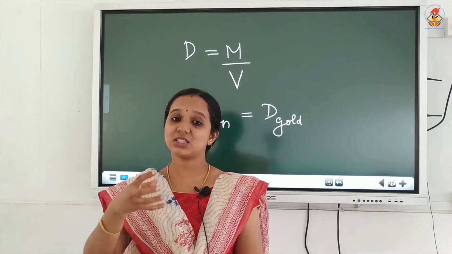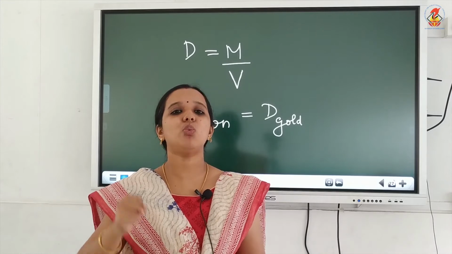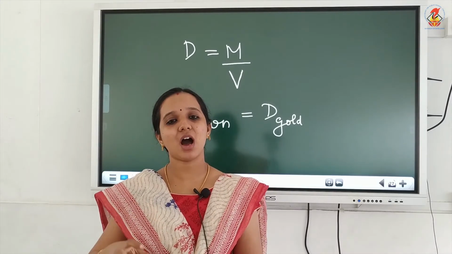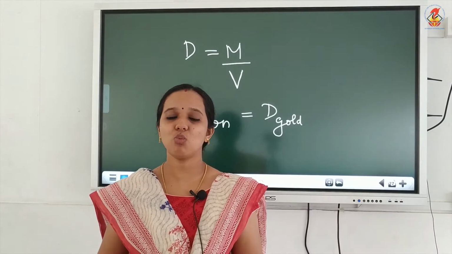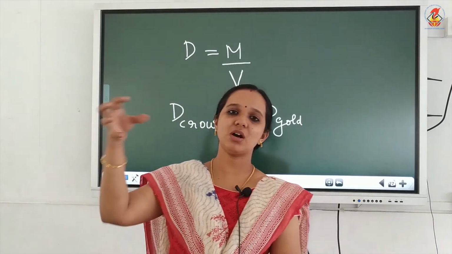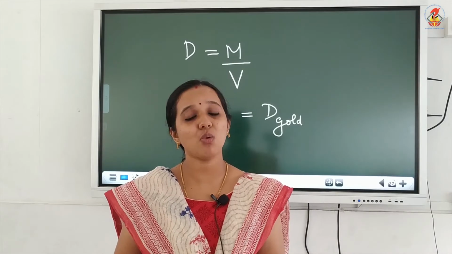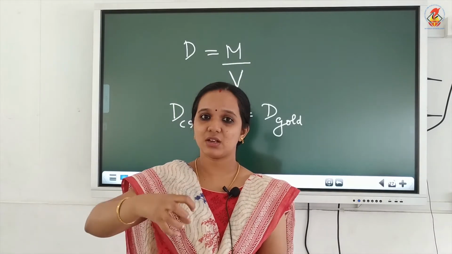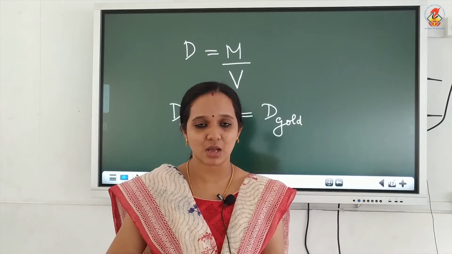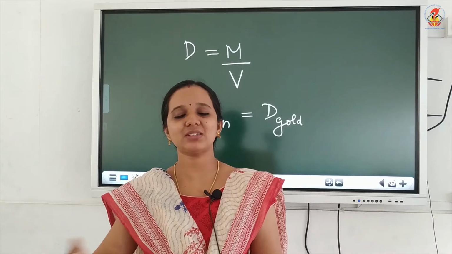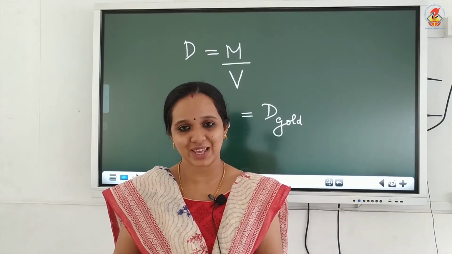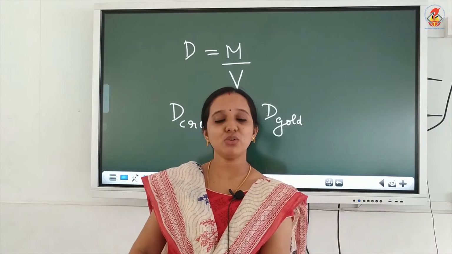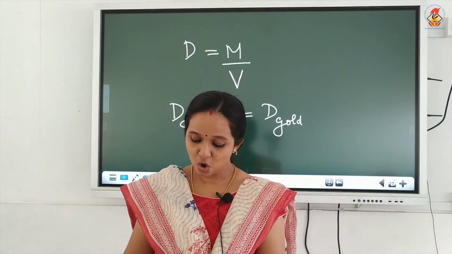That is, a submerged crown will displace an amount of water that is equal to its own volume. When you immerse this crown into water, when this crown gets submerged, it will displace an amount of water out. And the amount of water displaced will be equal to the volume of the object.